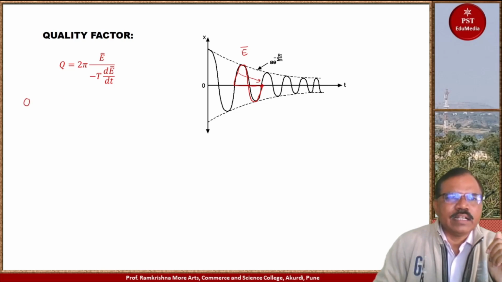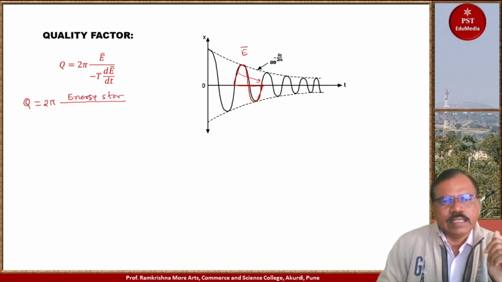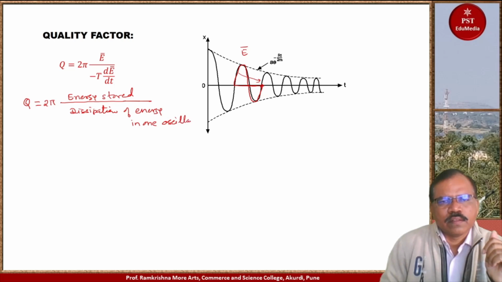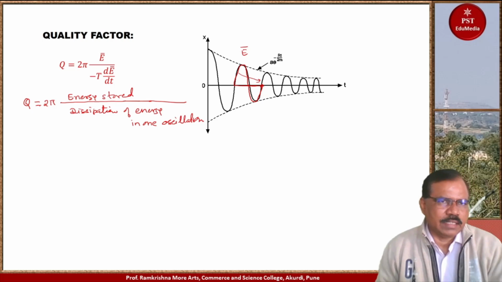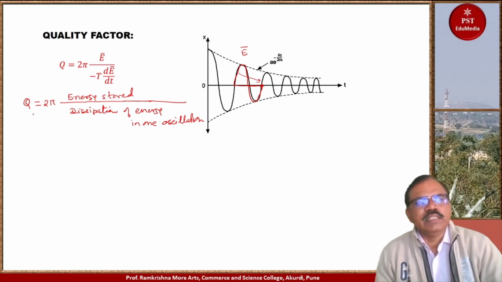So quality factor is simply 2 pi times the average energy stored upon the dissipation of energy in one oscillation. This is quality factor, and it is related to the efficiency of the oscillator.